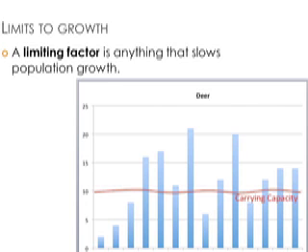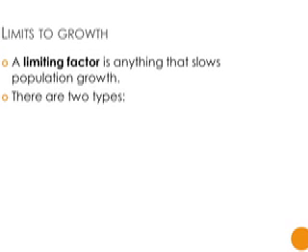There's density-dependent limiting factors that rely on population size. Like if the population gets too big, then they're more likely to spread diseases or have parasites, or there's more likely to be a lot of competition. And then there's density-independent, which are things that don't rely on population size, like natural disasters.